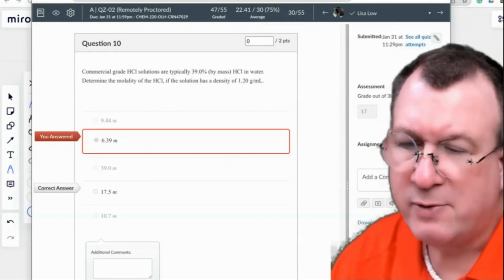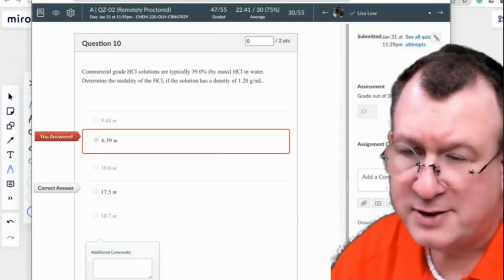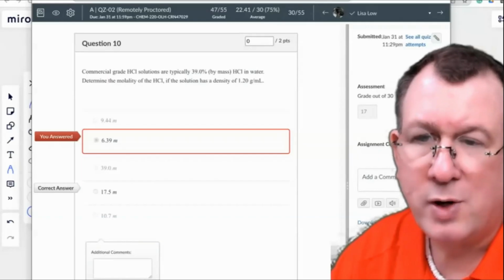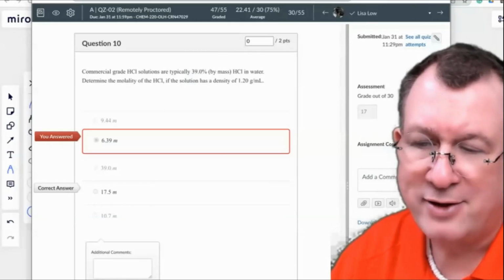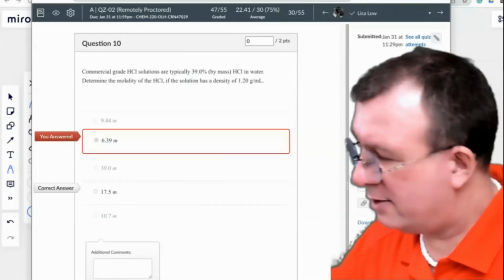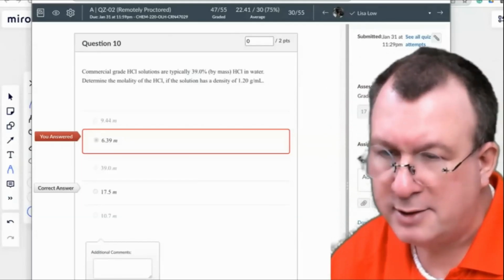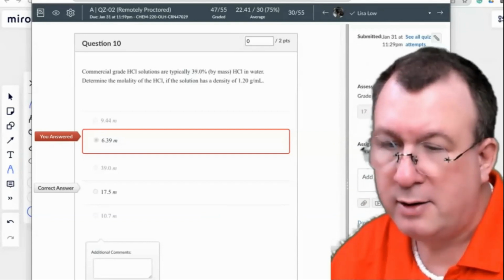Then you say, okay, I've got moles of HCl and I need to divide it by kilograms of solvent. Well, if it's 39% HCl in water, then it's 61 grams of water. So all I've got to do is take that 36 and divide it by, let me crunch this number. You said take 36. What is 36 from?